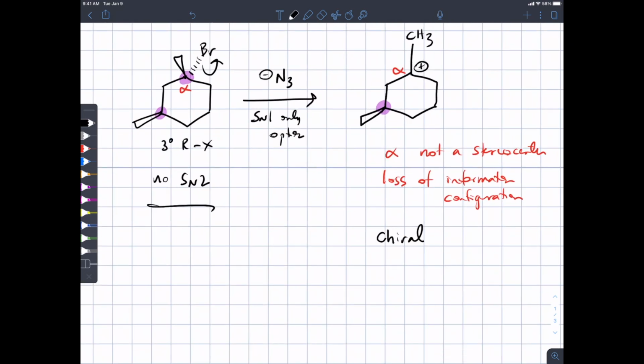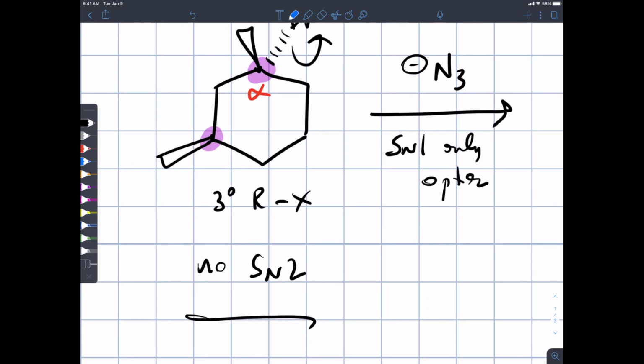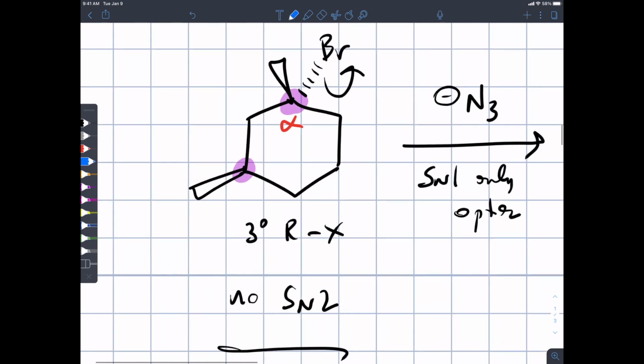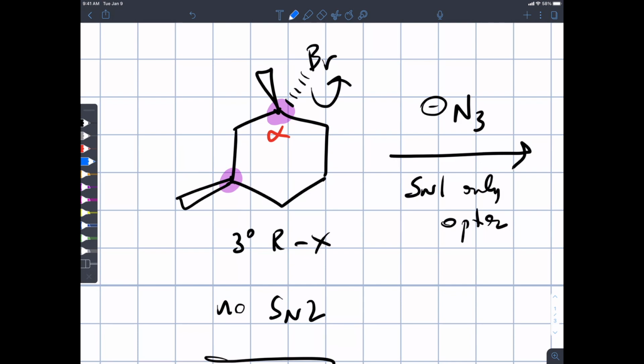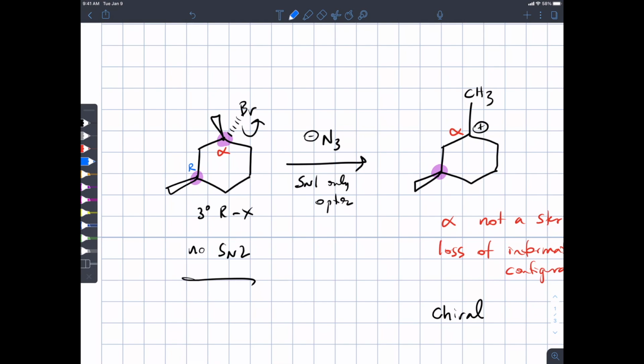And in fact, we can assign R versus S to this stereocenter, and we have to assure ourselves that no matter what we do in this reaction, that stereocenter is not involved, so its configuration has to stay unchanged. I'm just doing this in my head, and you can check me later on and see if I'm right, but we'll call that stereocenter R.